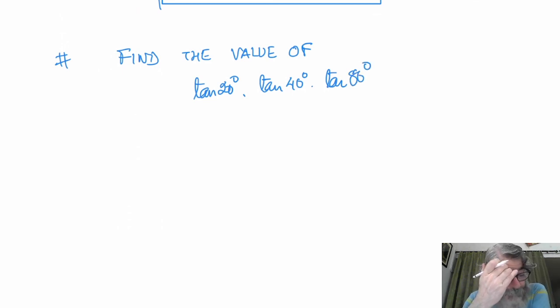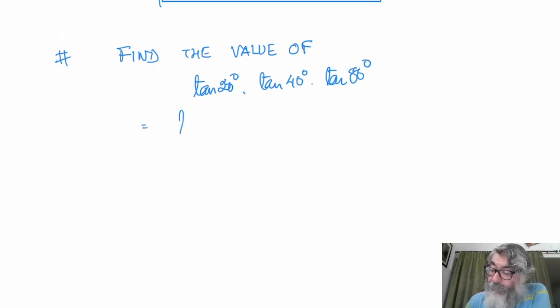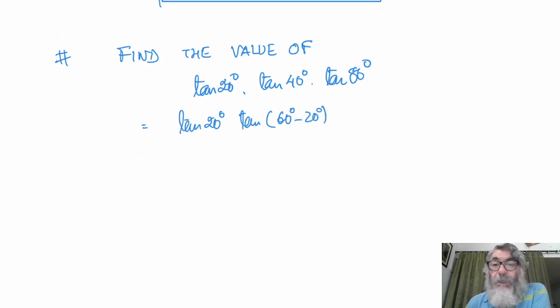So what we are doing is we are writing 1020 degree. 1040 degree can be written as 60 degree minus 20 degree, and 1080 can be written as 60 degree plus 20 degree.